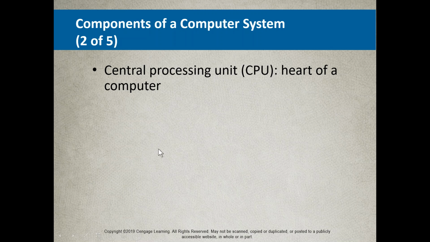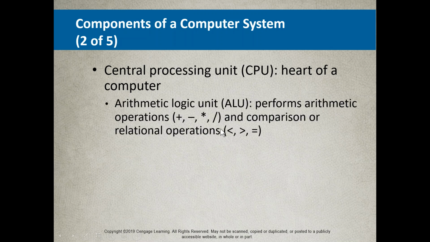This is really where everything ends up going to central. It gets processed and then redistributed to wherever it happens to be. Within the CPU, one of its key functionalities is to perform logical calculations in the arithmetic logic unit, or ALU.